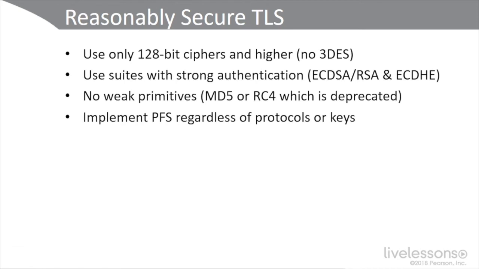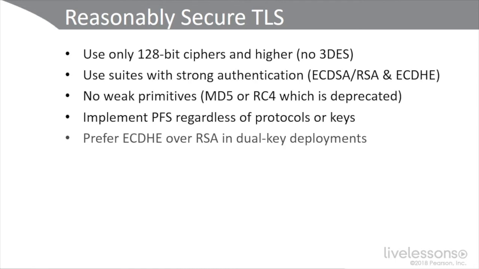We want to implement perfect forward secrecy, or as it's simply called, forward secrecy. Regardless of the protocols we're using or the strength of the keys we're using, we always want to use forward secrecy. Let's prefer elliptic curve DHE over RSA if it's a dual key deployment.